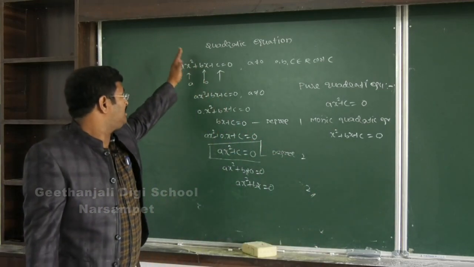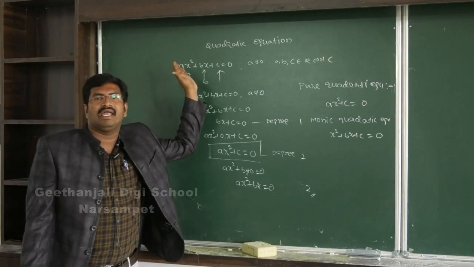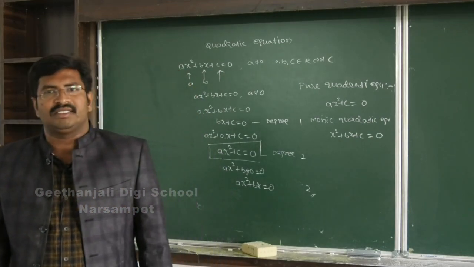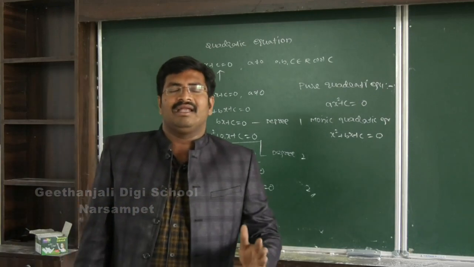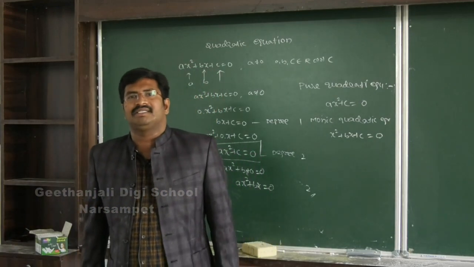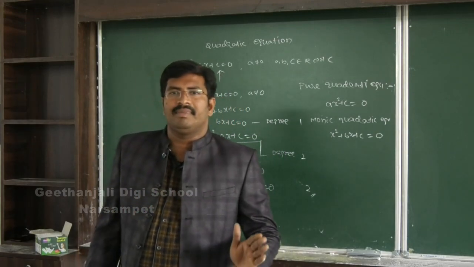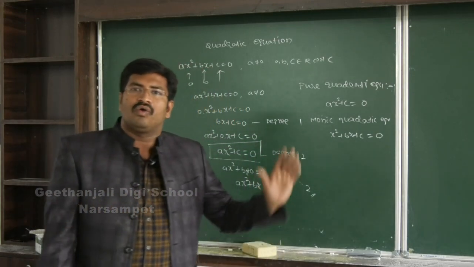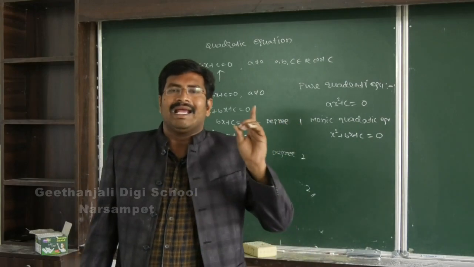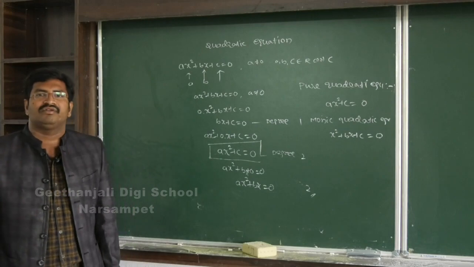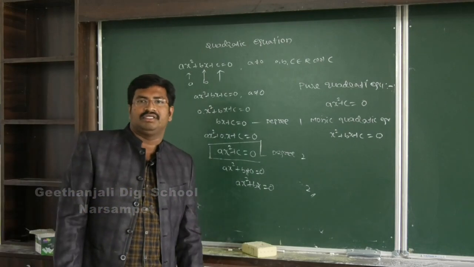Once again, a quadratic equation is an equation in the form of ax square plus bx plus c is equal to 0, a not equal to 0, where a, b, c belong to real or complex numbers. Here a is the x square coefficient, b is the x coefficient, c is a pure constant.